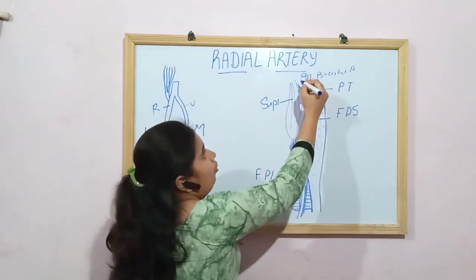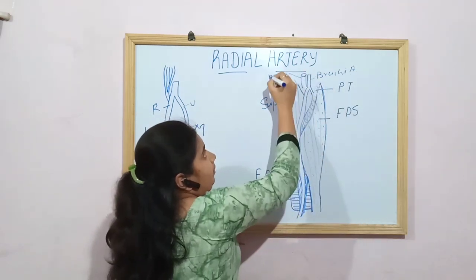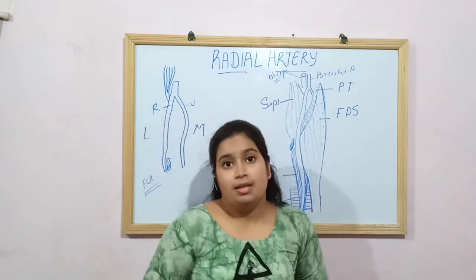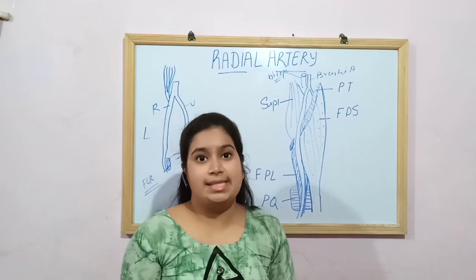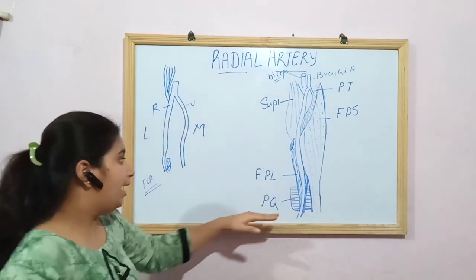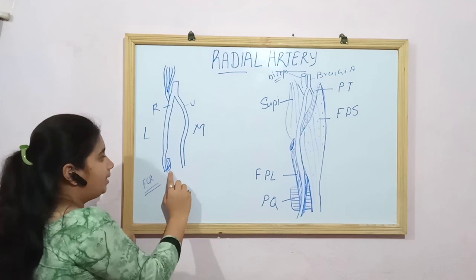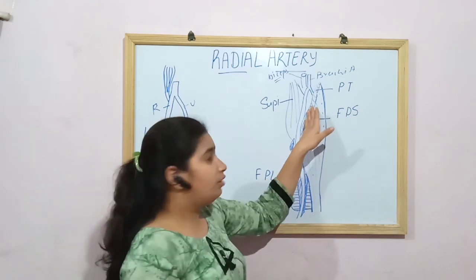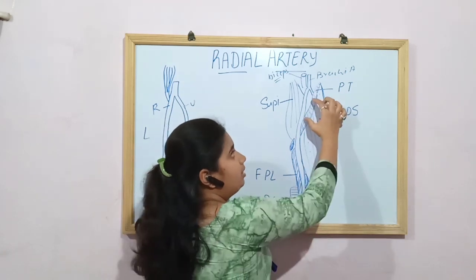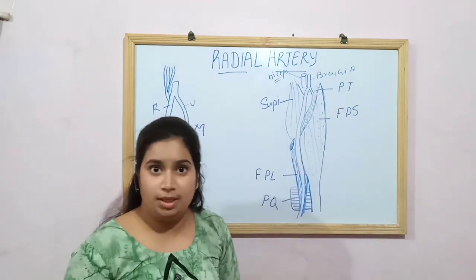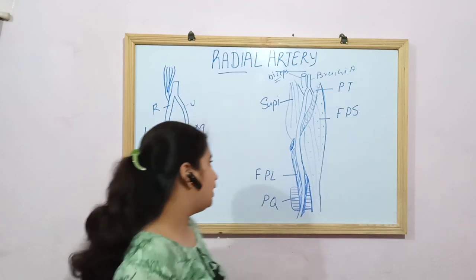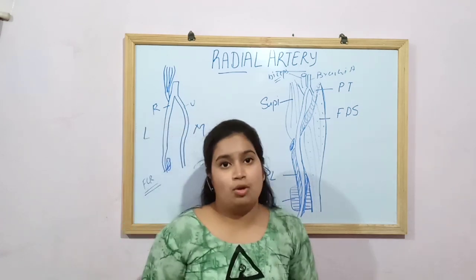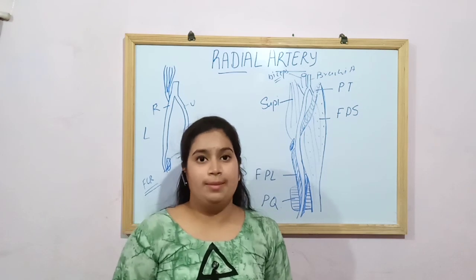And this is your biceps tendon. Over the medial side at the lower part, it has the flexor carpi radialis tendon, and over the upper part it has the insertion of the pronator teres muscle, and over the lateral side it again has the flexor pollicis longus muscle, the pronator quadratus muscle and your radial bone.